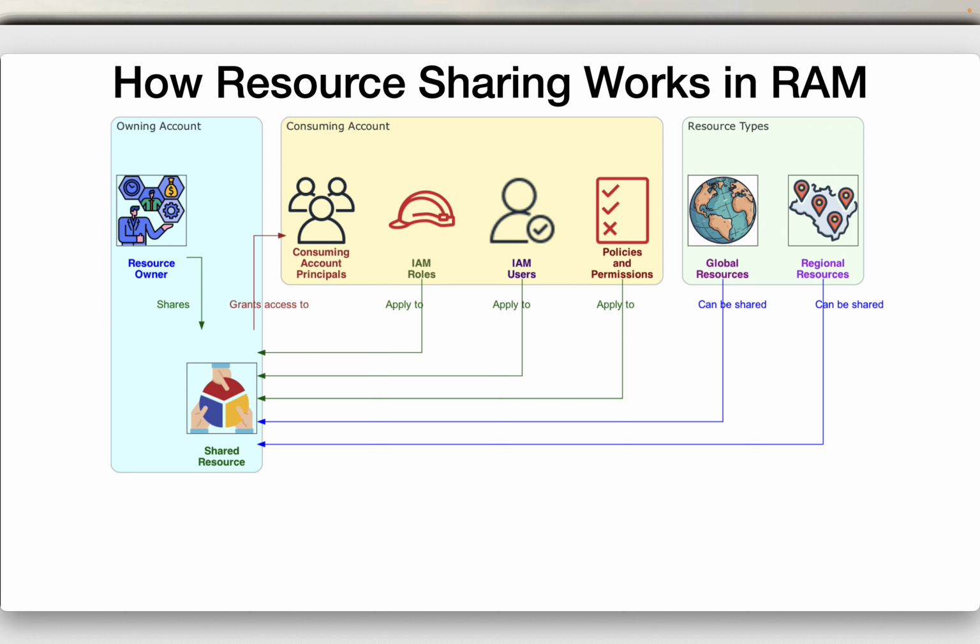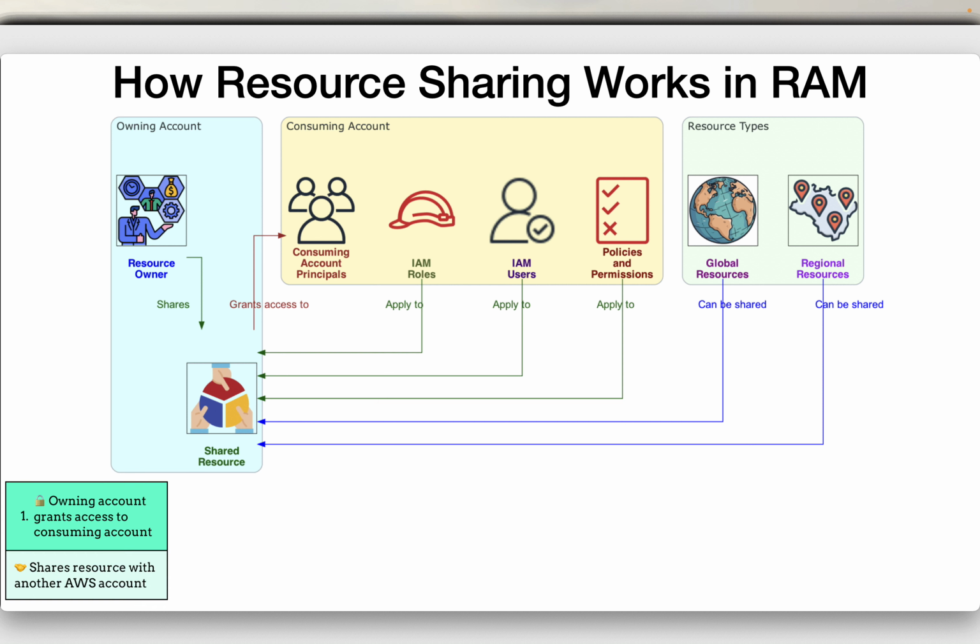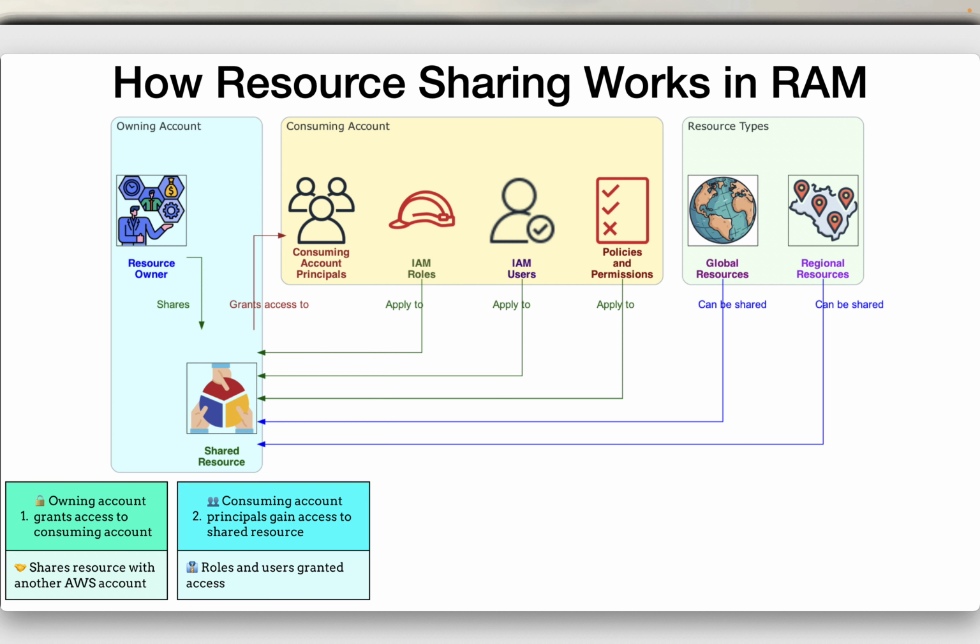So how does resource sharing work in AWS Resource Access Manager? When you share a resource from the owning account with another account, the consumer account or the target account, you are granting access to that resource. Principals, which can be roles and users in the consuming account, are granted access to the shared resource from the owning account.